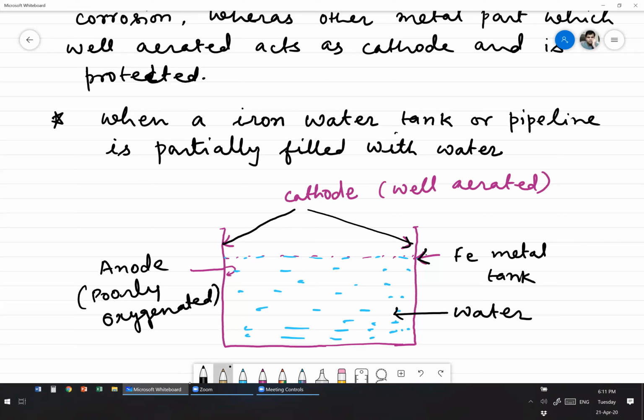So here the corrosion process takes place and along this line the water tank gets corroded. So this type of corrosion is called waterline corrosion.